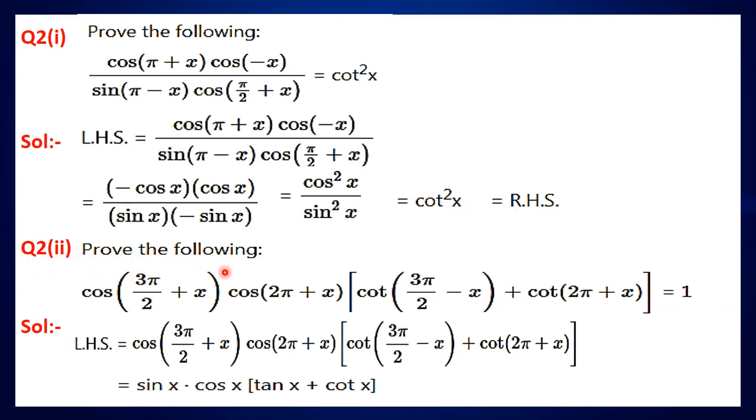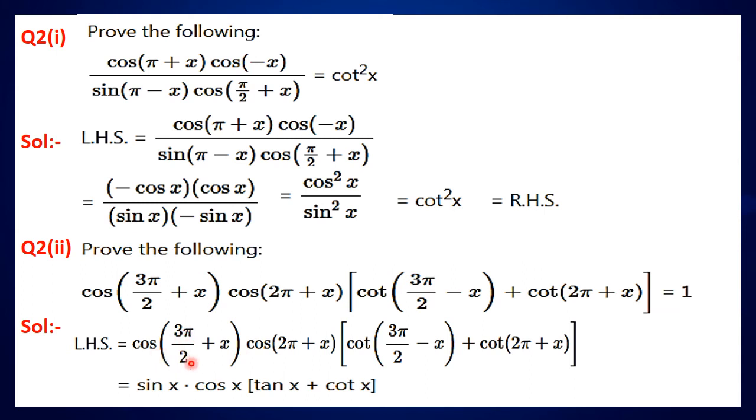Now question number 2, second one, prove the following. Cos 3 pi by 2 plus x into cos 2 pi plus x into cot 3 pi by 2 minus x plus cot 2 pi plus x is equal to 1. So let us consider the left hand side. Cos 3 pi by 2 plus x. Here again we have to apply the result.